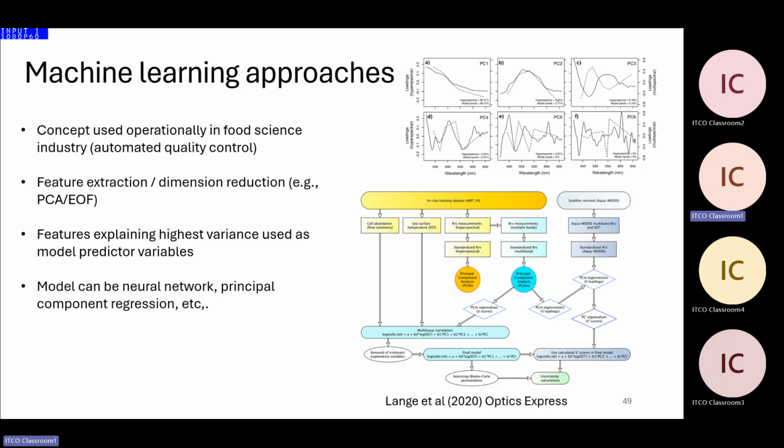Then parameters that explain, for example, a principal component which explains 90% of your variability, can go into your model. Depending on what your model is, it might be a principal component regression, neural network, etc.